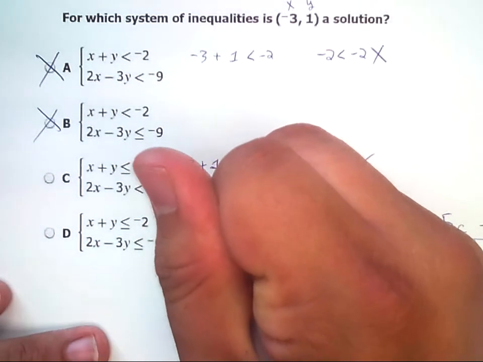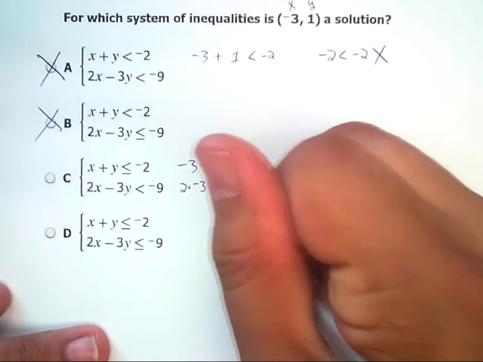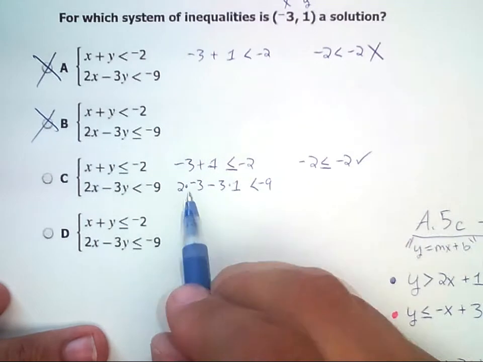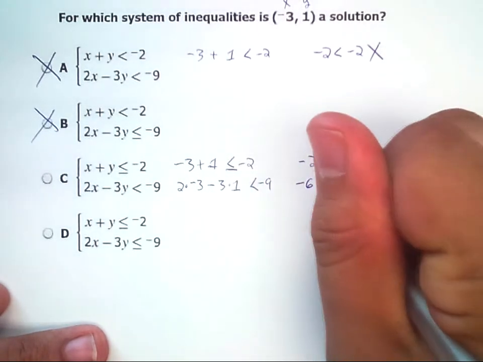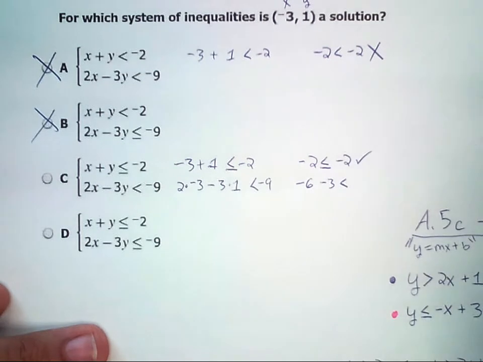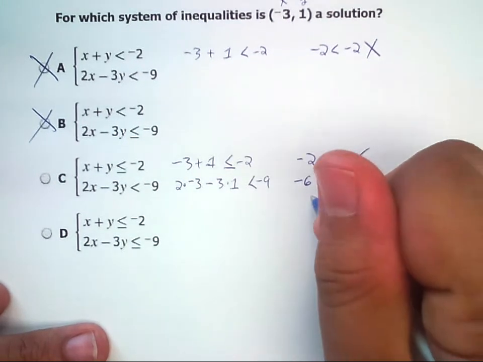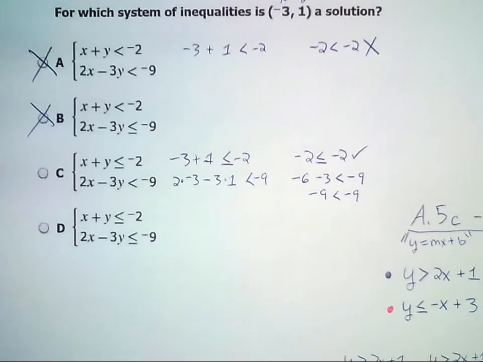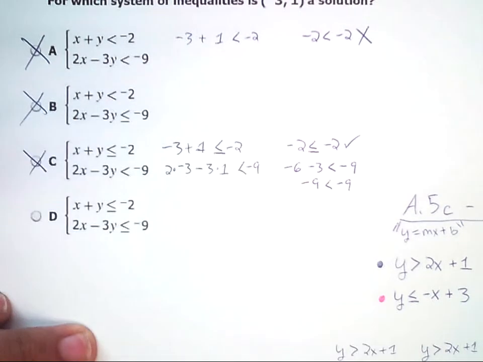So 2 times -3 minus 3 times 1 is less than -9. 2 times -3 is -6. -3 times 1 is -3, is less than -9. Well, when I clean this up, -9 is less than -9. And we run into the same situation we had before, where there needs to be an equal bar underneath. Since that doesn't exist, it doesn't work for this one.